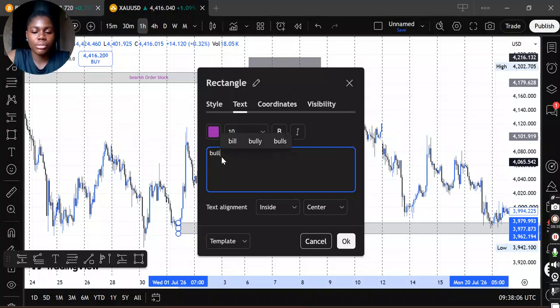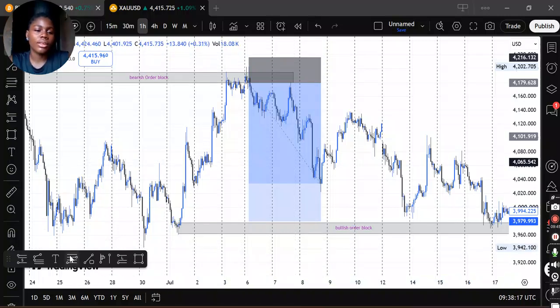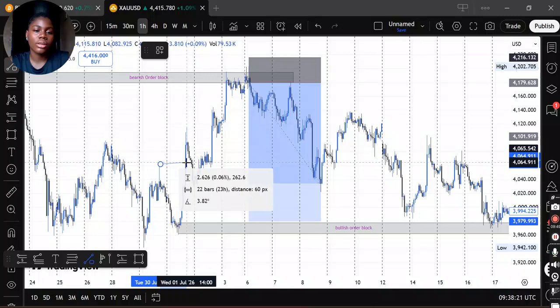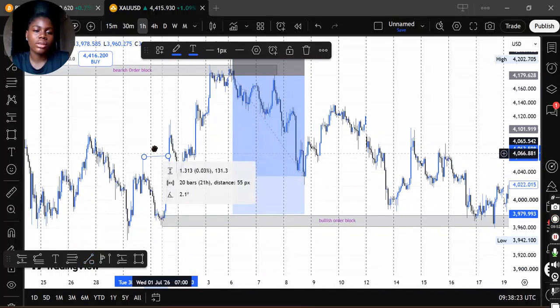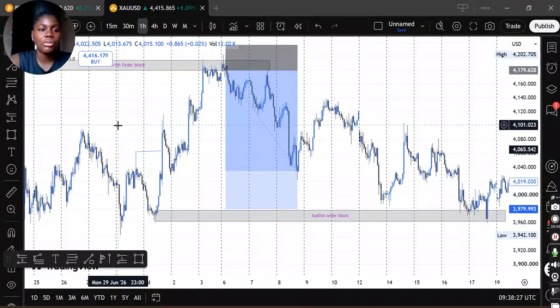Bullish. Please ignore the noise in the background. Bullish order block. And then there's a breakout structure here. And that's literally it. That's all there is to it.